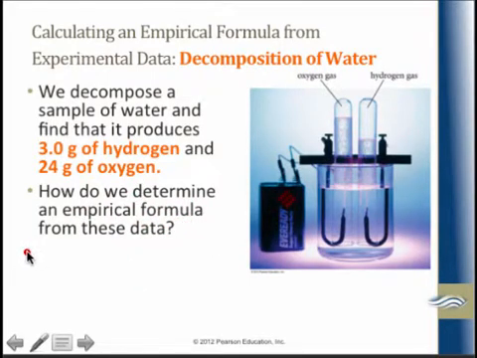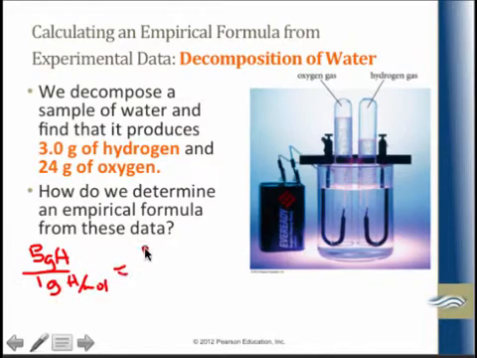Well, hydrogen and oxygen have different masses. 3 grams of H, divided by 1 gram of hydrogen per mole, would say I have 3 moles of H. I need to get into count and correct for the fact that these atoms have different masses.